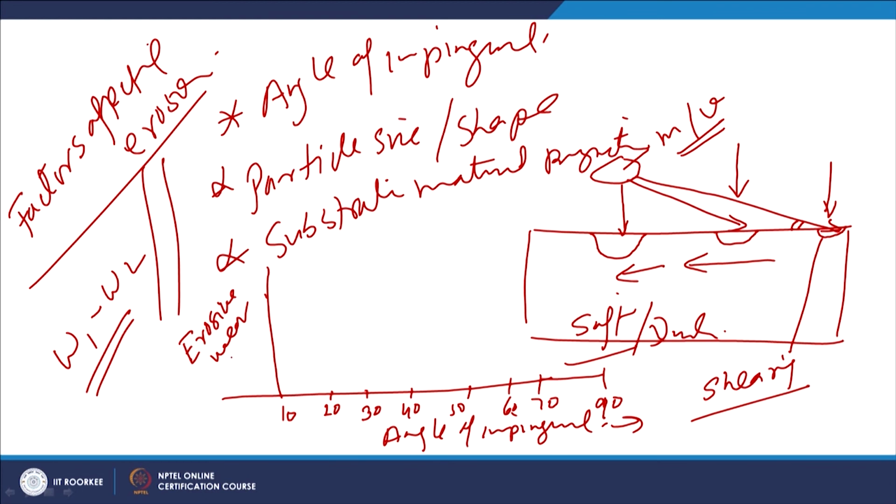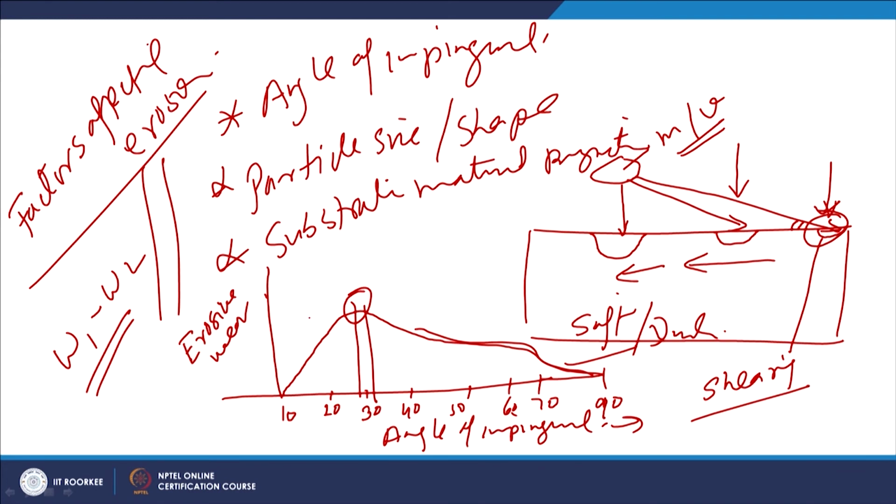wear. If we see, there is a continuous increase in the erosive wear up to 30 degree, thereafter it starts decreasing continuously like this. At about 30 degree the removal of material by shearing action is the maximum, so it experiences the maximum erosive wear.